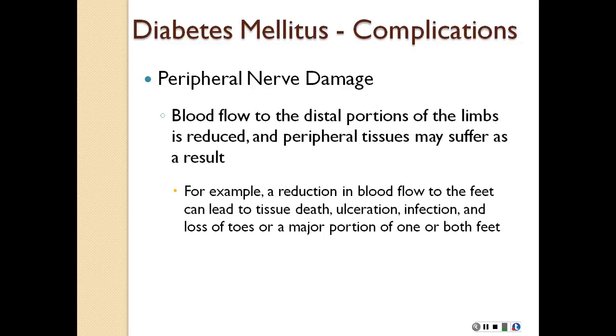That's due to low blood flow. They also have a difficult time with those extremities healing if there's a small cut on the foot. You may hear of people having to have part of their limbs cut off because of that, the loss of toes or a major portion of one or both feet. Those are due to reduced blood flow to those areas.